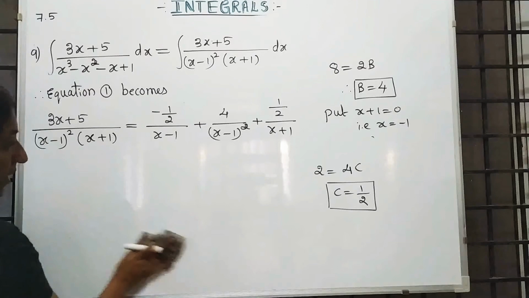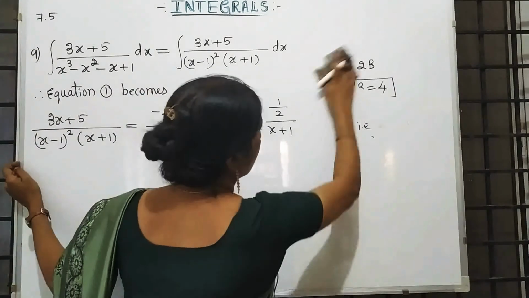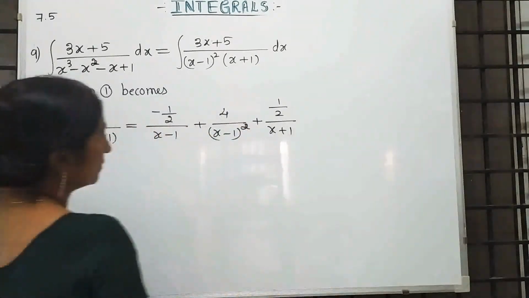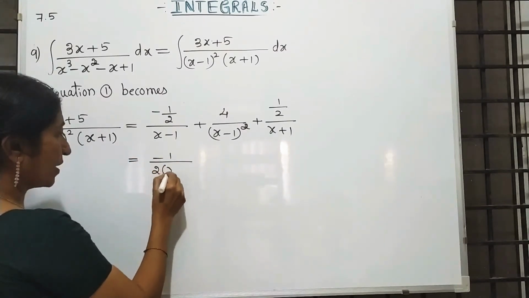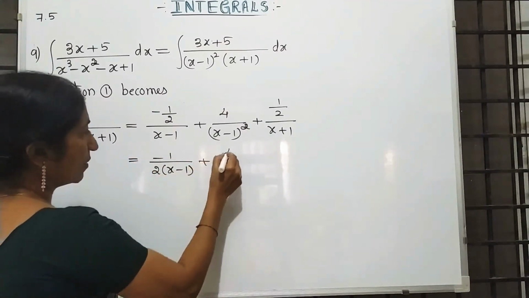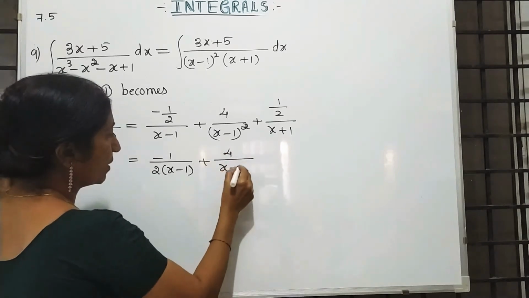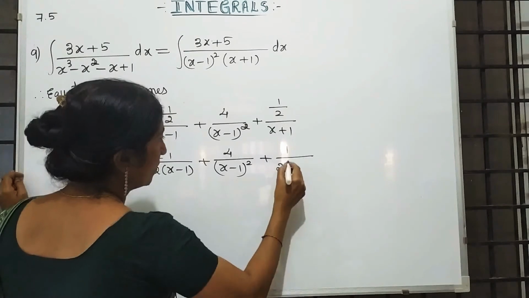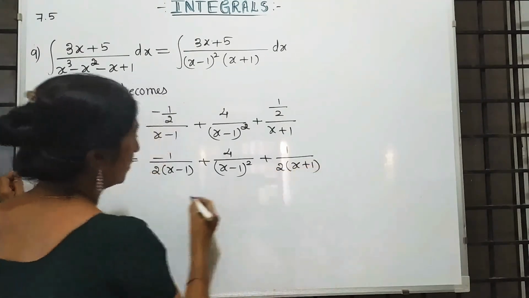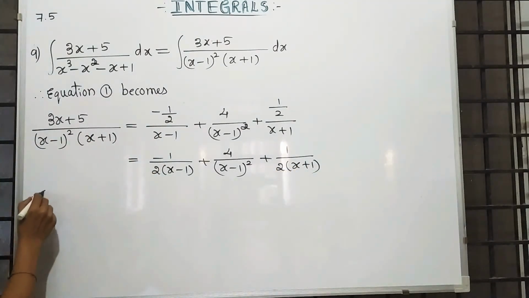This will be written as minus 1 by 2 into 1 upon (x minus 1) plus 4 upon (x minus 1) whole square plus 1 upon 2 (x plus 1).